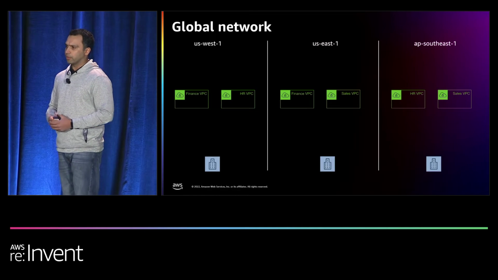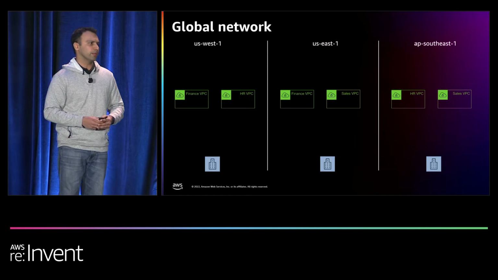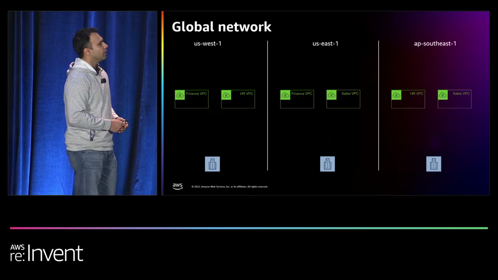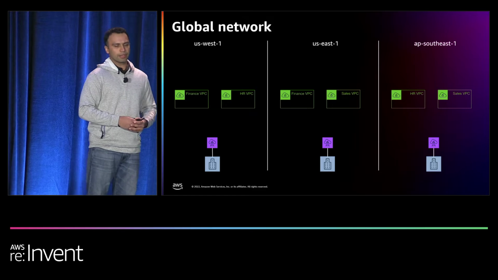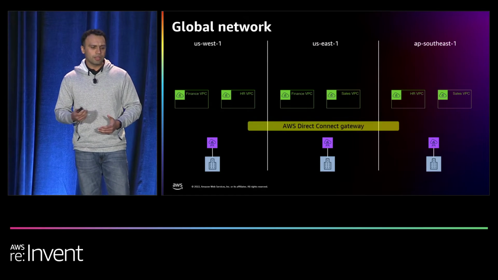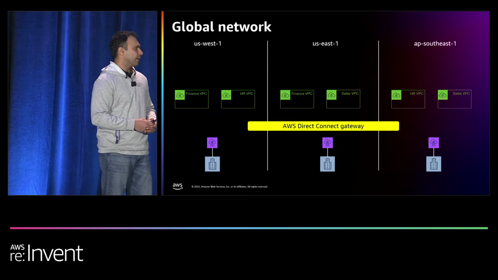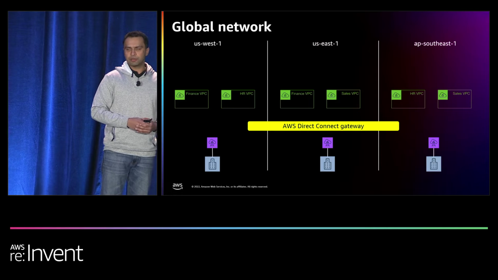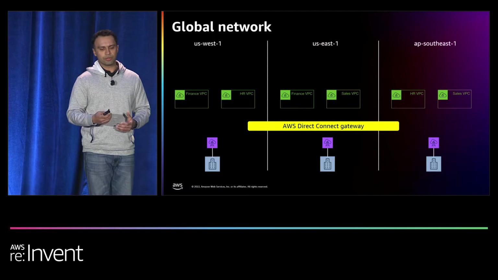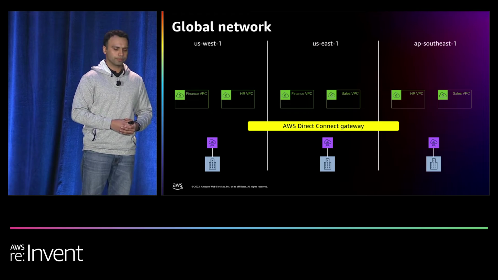Now let's start building on top. Let's throw in a couple of data centers. So we are showing one data center in each geography, if you would. These data centers use Direct Connect connections to connect back into AWS. Since this is a global deployment, we are going to be using AWS Direct Connect Gateway. And this is a service that lets you connect your workloads globally in any AWS region back to on-prem.